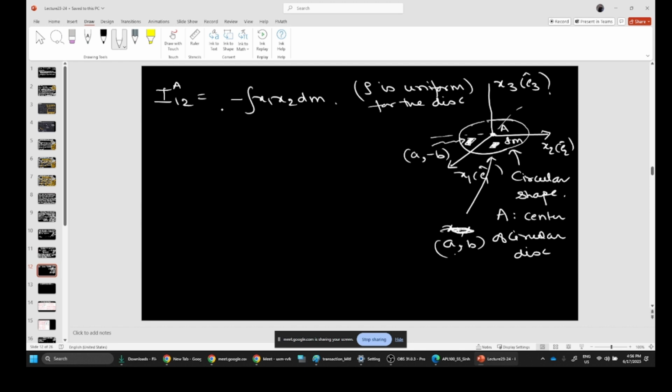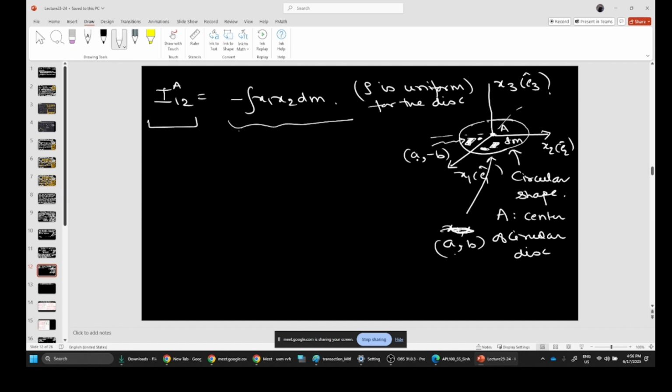What does it mean for this integral? It means that the contribution of this mass, where my cursor is, to this integral will be exactly cancelled out by the contribution of this mass to the same integral.